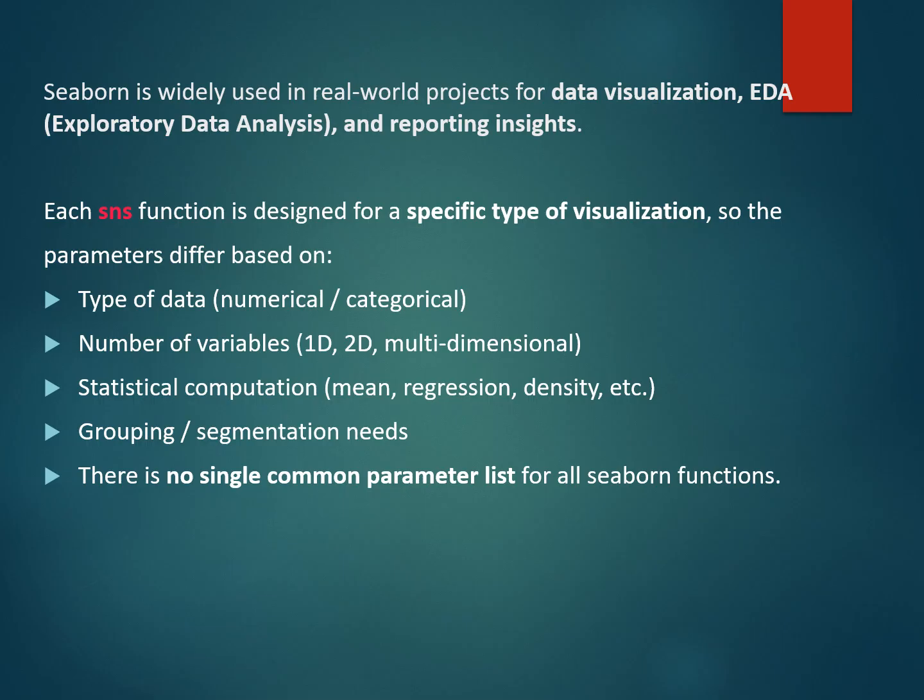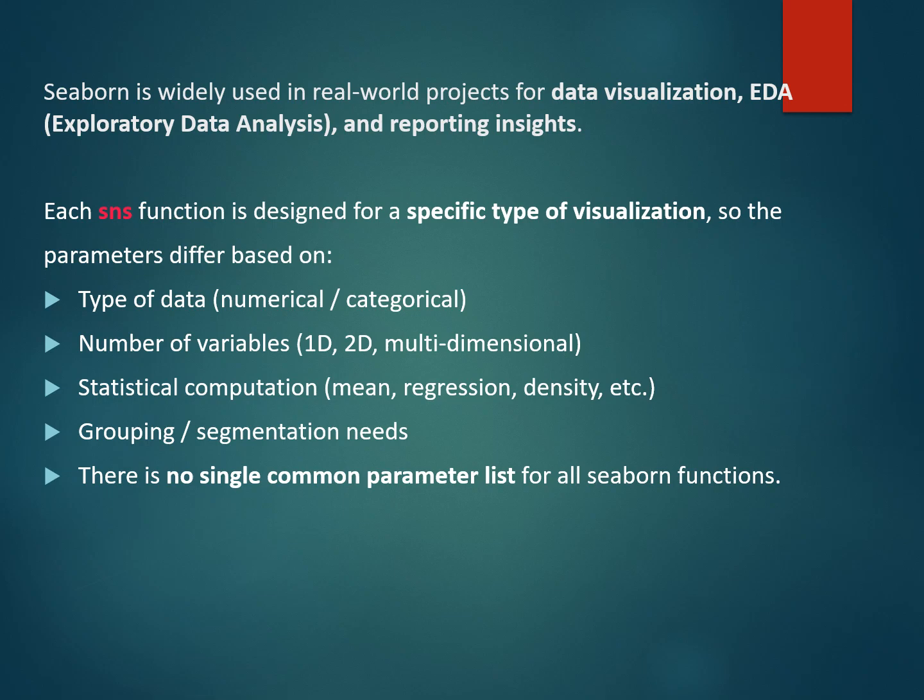Then the slide says the parameters differ based on type of data, numerical or categorical. For example, distribution plots are mostly for numeric data, and count plots are for categorical data. Number of variables: 1D, 2D, multidimensional. Like histplot is one variable, scatterplot is two variables, and pairplot can show many variables.